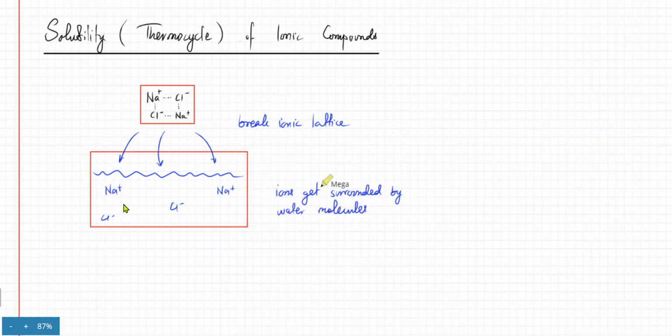So the second part is you've got ions that would get completely surrounded by water molecules. So this is the negative of lattice energy. In lattice energy, you form the lattice from the gaseous ions. And the next part is enthalpy change of hydration. Is that clear?